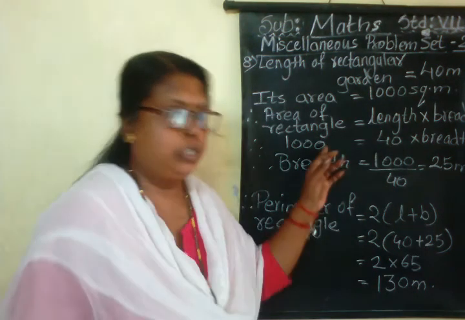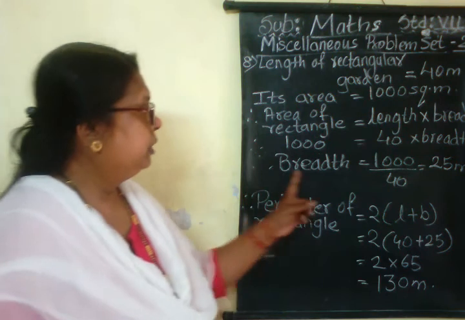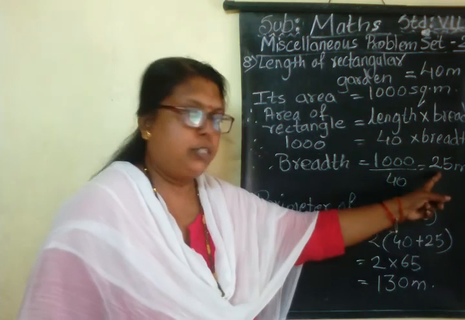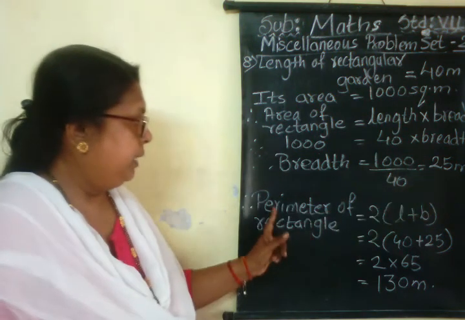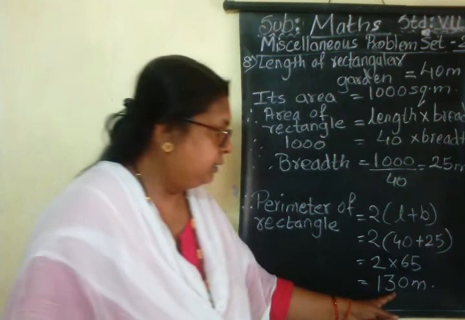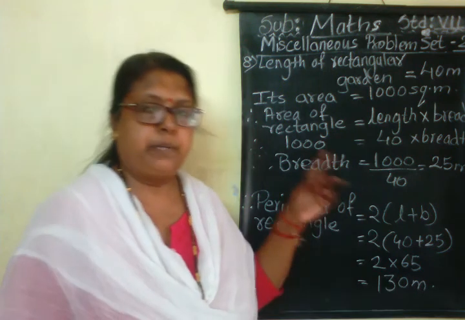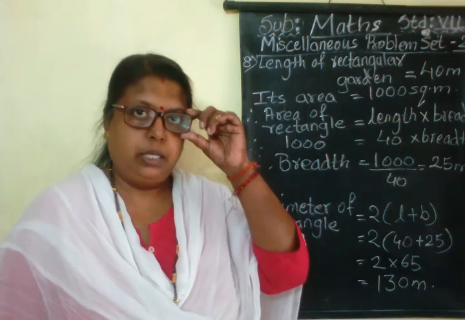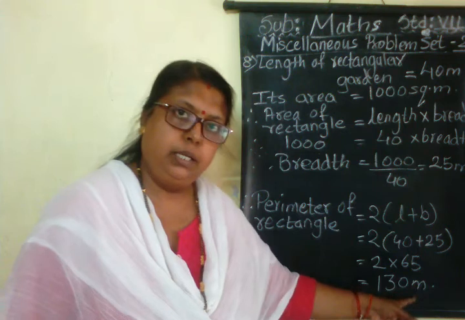So for 2 questions we have completed. One is breadth, we got it as 25 meter. Secondly, perimeter of the rectangle is 130 meter, that is perimeter of rectangular garden is 130 meter.